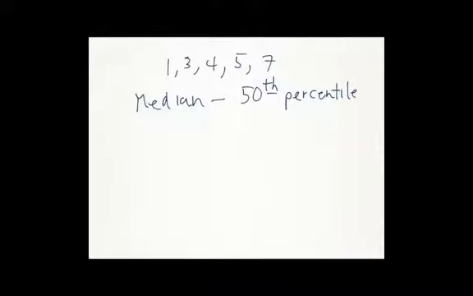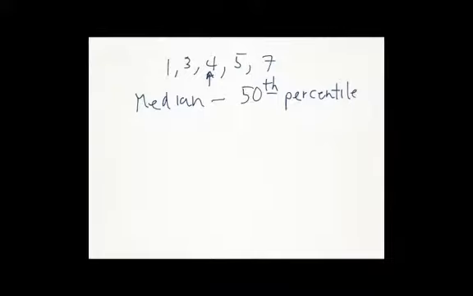To calculate the median, first we have to list all the numbers in increasing order, and then we find the middle. Here I've already listed them in increasing order, so I don't need to rearrange them. But in real life, when you take the ages of people, you'll get them all mixed up, so we have to sort them and put them in order. Here it looks like we have 5 numbers, so the middle number is 4. So in this example, both the mean and the median are equal to 4.